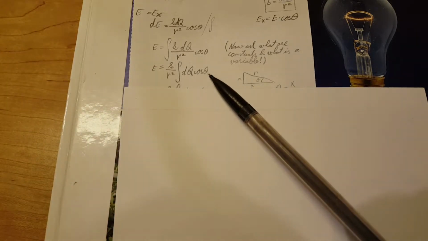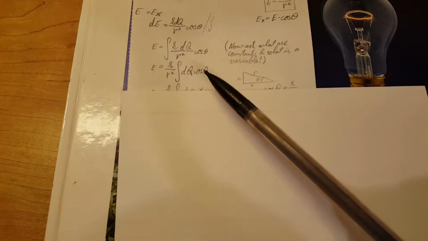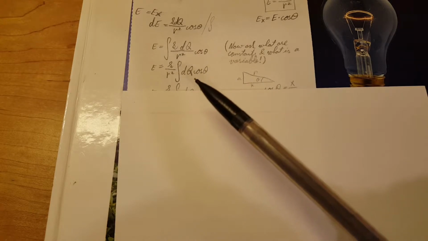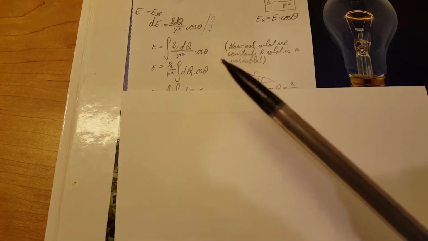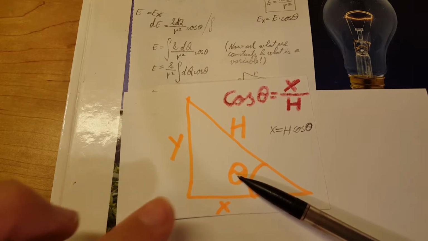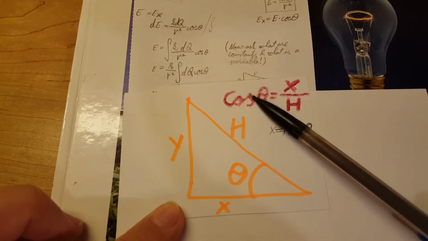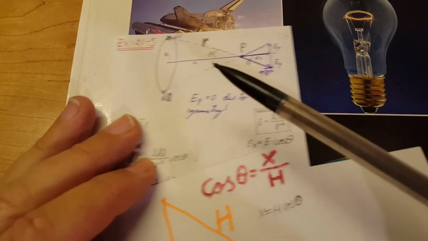Now let's work on changing cosine theta into a simpler form. What we can do is again take from trigonometry cosine, and we're gonna use it in our triangle up here.